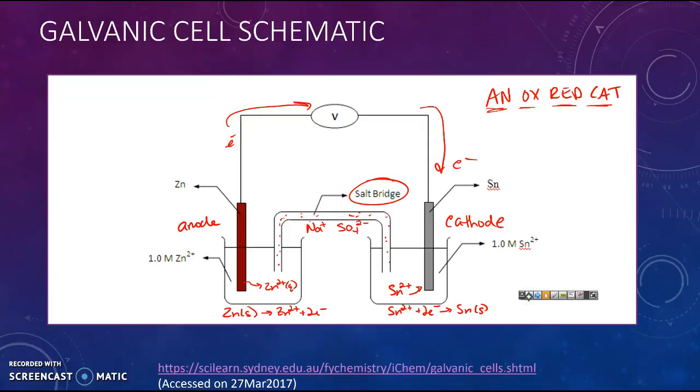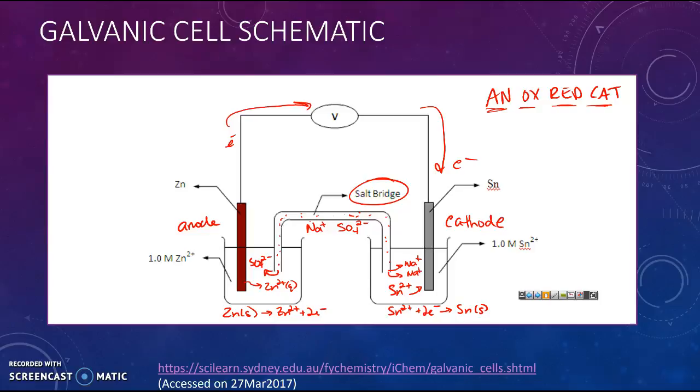But what can happen is as the zinc ions are in solution, a sulfate could pop out and neutralize it. Okay? And as these tin ions leave solution, I'll get sodium ions coming out to neutralize the charge. I'm not talking about acid-base neutralization, I'm talking about charge neutralization.